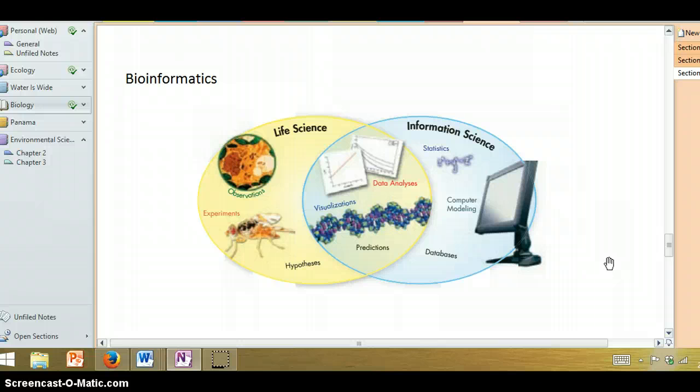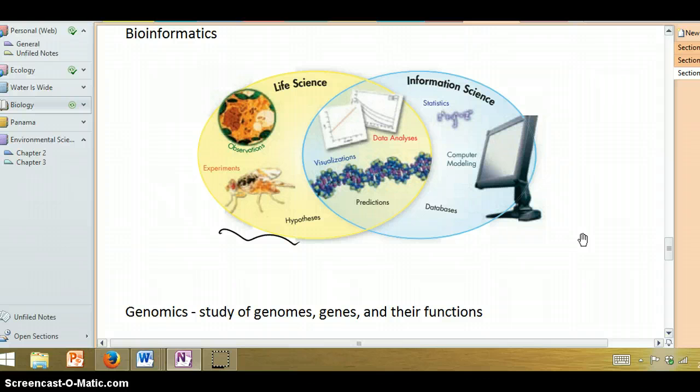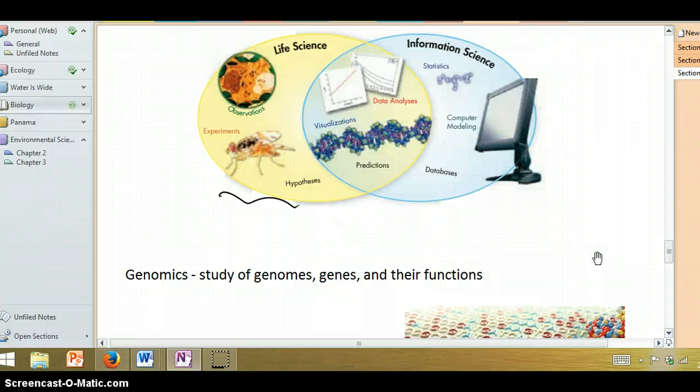It's combining computing power with biology and taking all of that sequence data, all that genetic information you get from different species, plugging it all into computers and using computing power to try to make sense of it, to find those genes, to study the variation that occurs between individuals and between species. It would be very hard to do this if you just had to look at sequences on pieces of paper. The fact that we're able to use computing power nowadays really helps enhance our knowledge and speed up the process.